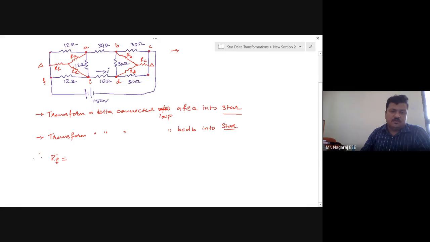What I told, when I am converting from delta to star, I should be seeing what resistors are connected to a terminal, take multiplication of those two resistors divided by the sum of all resistors. So RF is equal to, I will write the formula only in terms of RFA and RFE: RFA into RFE divided by RFA plus RFE plus RAE.